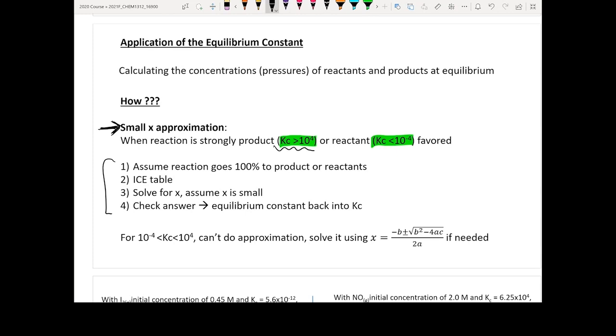You can always think about the equilibrium constant K as a ratio between your product over reactant, right? So if you have a Kc larger than 10 to the 4th, that means you have more product than reactant by 10,000 fold. It's pretty much all product in your solution.